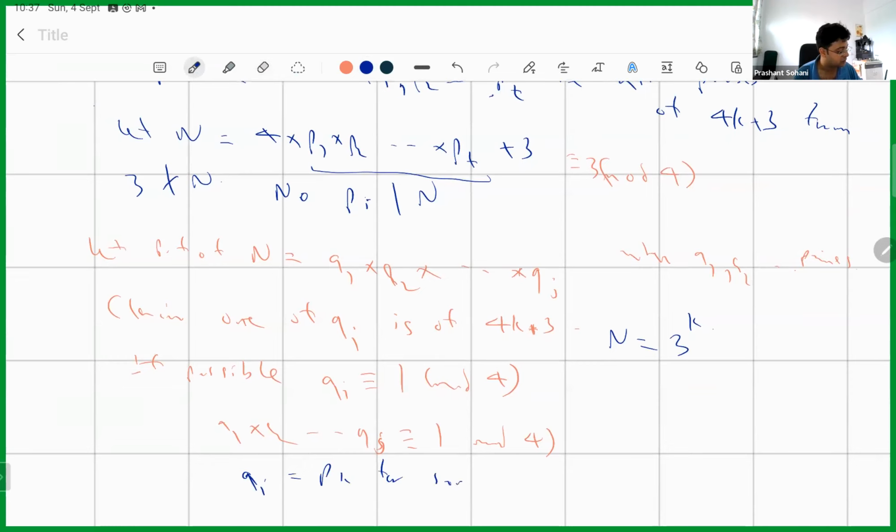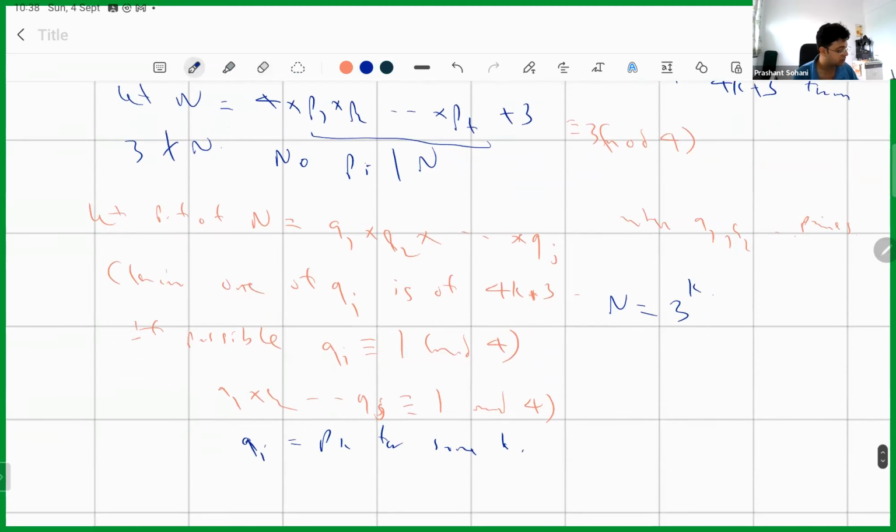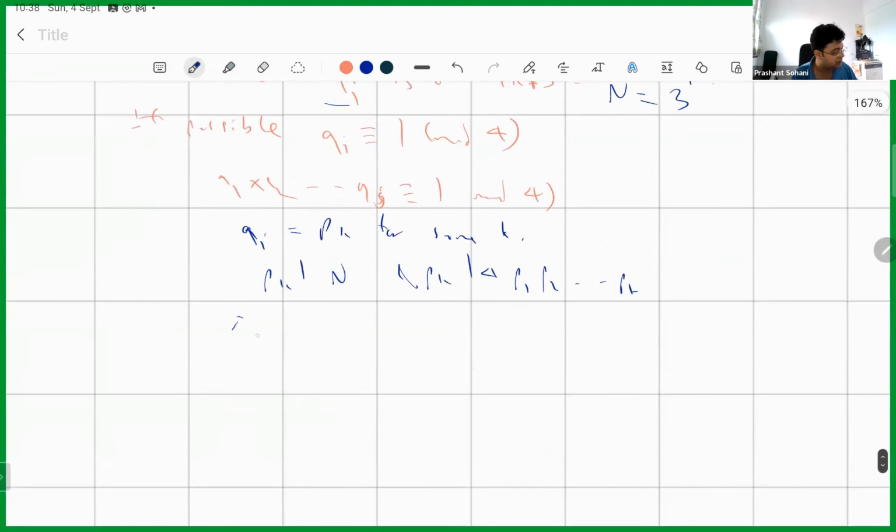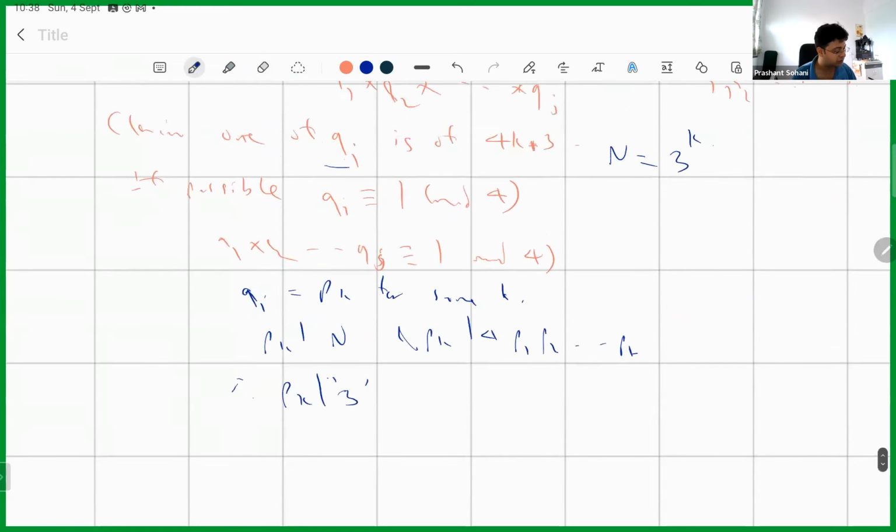Whichever qi is of the form 4k plus 3, it is going to be equal to pk. So we have pk divides n, and pk divides the whole product p1, p2, up to pt. When we subtract, we get pk divides the remaining term 3. So the only fact that that term is 3 is the problem.